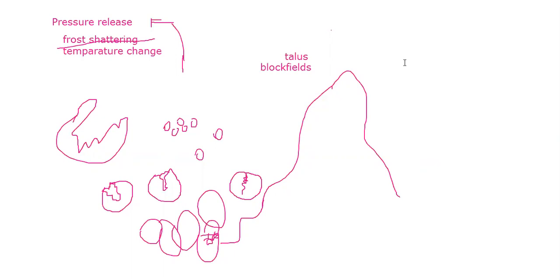Meanwhile, block fields happen with big boulders such as this. Talus is also called scree, and block fields is also called felsenmeer. Felsenmeer. That's how I call it though.